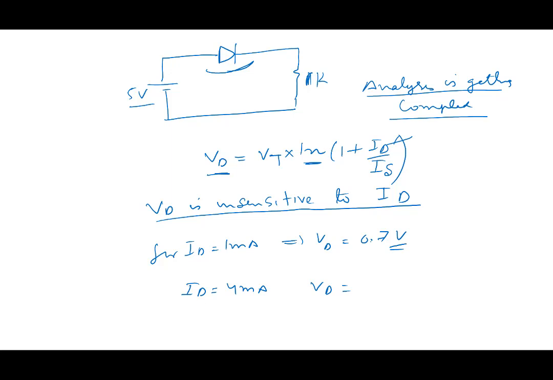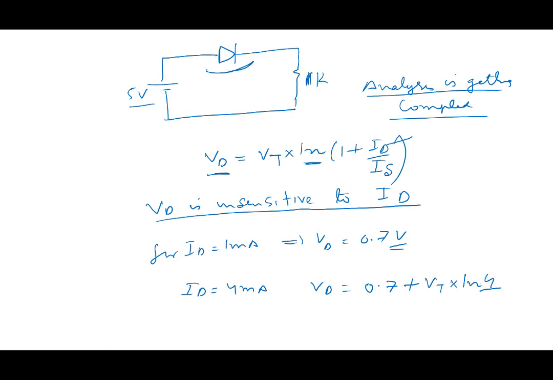According to this equation, 4 milliamperes would be a little higher: 0.7 plus VT ln 4, since it is 4 times higher. The VT ln 1 term is negligible compared to this.